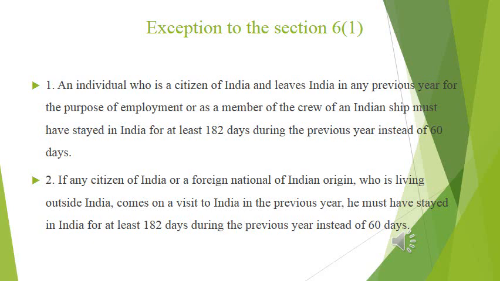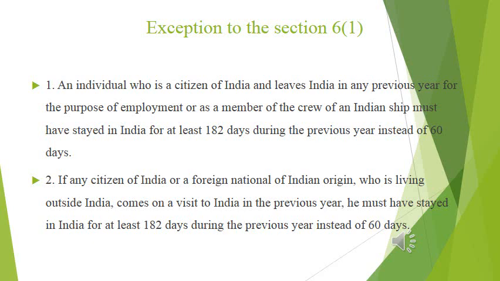There is an exemption to the rule of 60 days stay in India. Two categories of people should be in India at least 182 days instead of 60 days as an exemption to section 6 subsection 1.